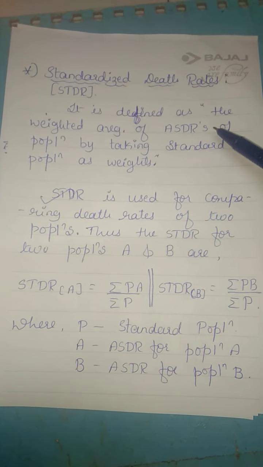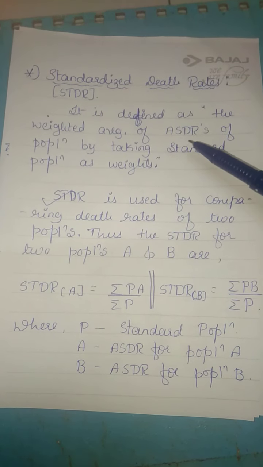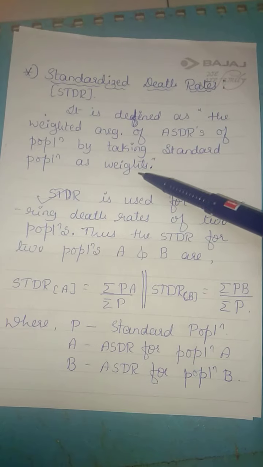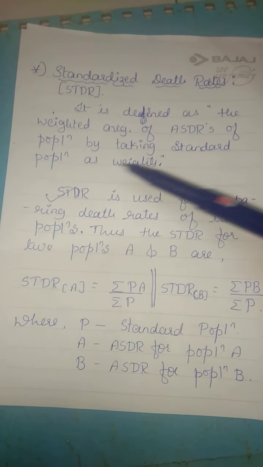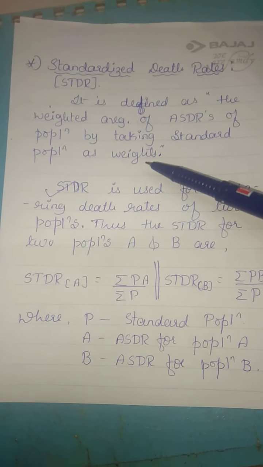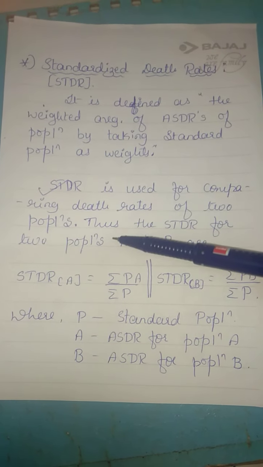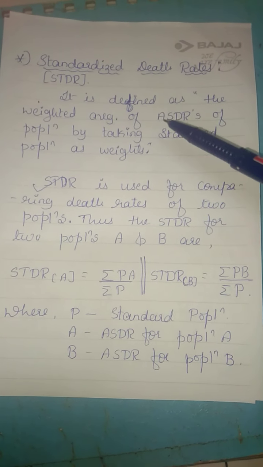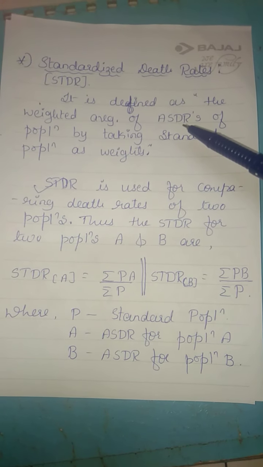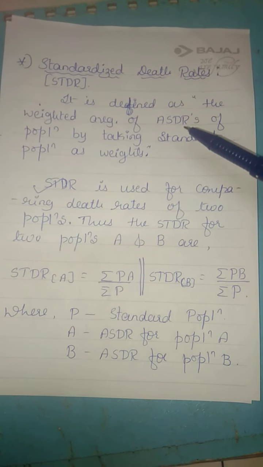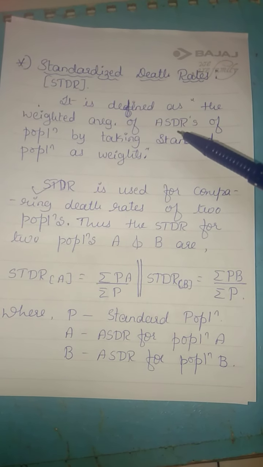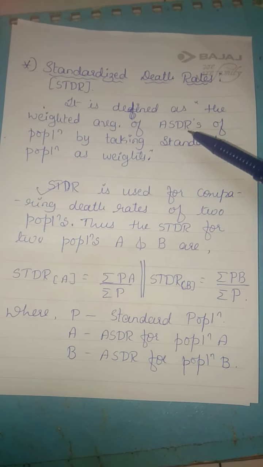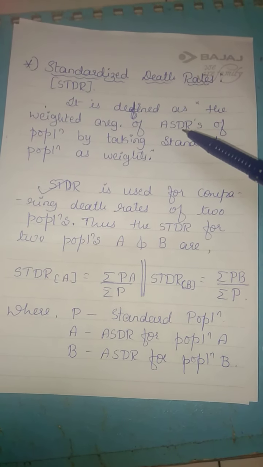It is defined as the weighted average of ASDRs of a population, taking the standard population as weights. Without the standard population we cannot calculate STDR. And before we calculate STDR we need ASDR. So the age specific death rate is important here. This age specific death rate we have already calculated in the last class.